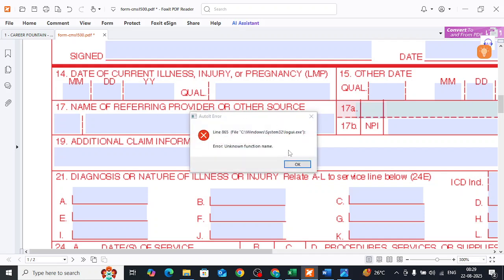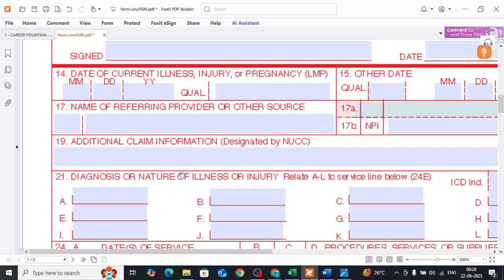Box number 17 is the referring provider name. Provider is the common word used for everyone who is providing health related services. It includes doctor, nurse, compounder, hospital, ambulance, physiotherapist, and all other facilities where health related services are provided.